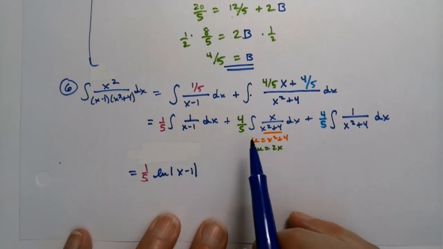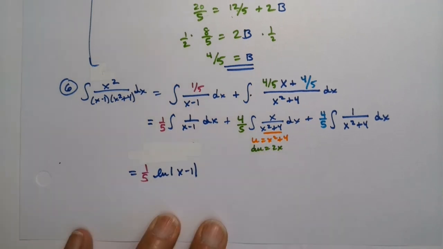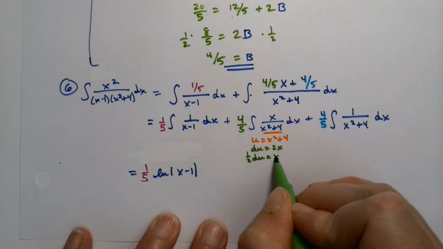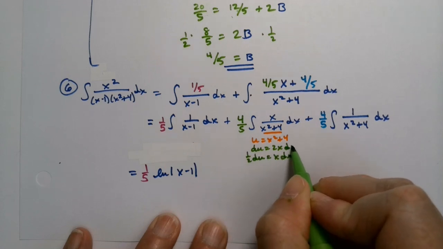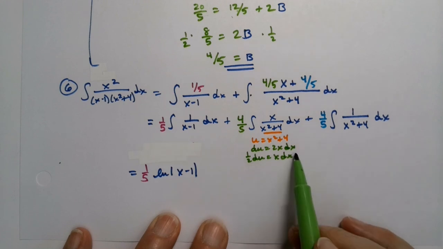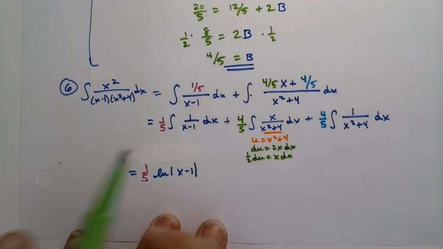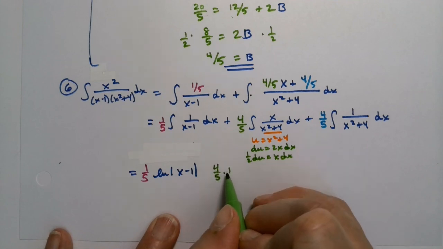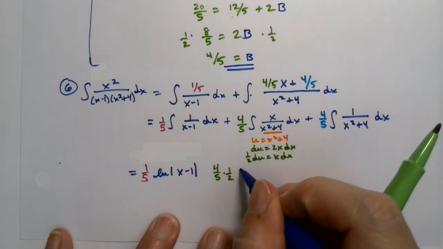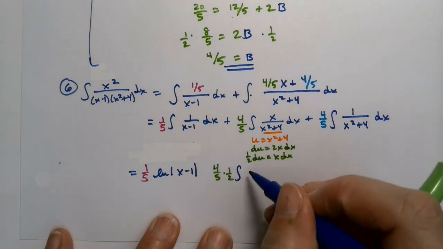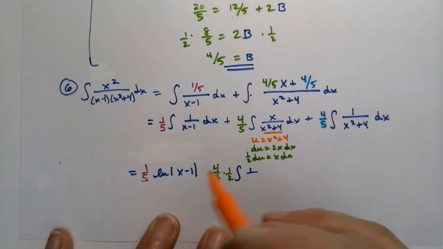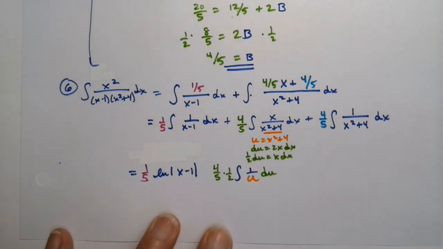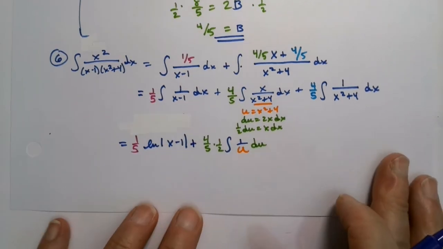This one will be, well, let's see, I don't really want 2x. I want a half du, which is x. Oops, and I forgot my dx. All right, so then what I'm really taking is 4/5 times a half integral of 1 over u du. All right, so I'll do that in another step.